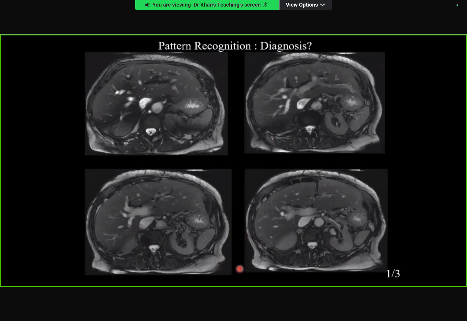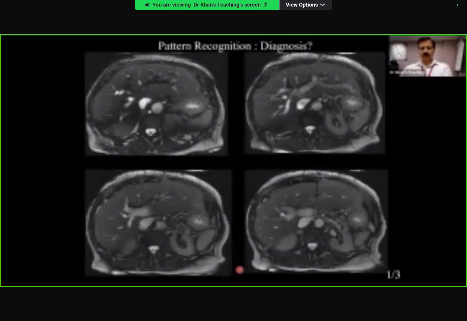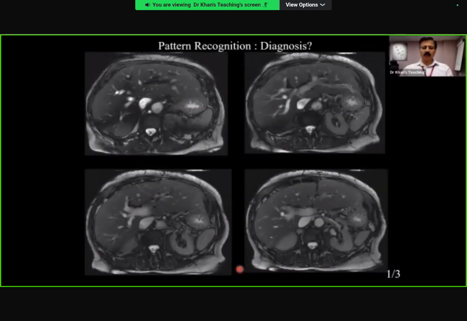Okay, so in the selected images available, there appears to be a filling defect in the left portal vein. Anything else, please? Hint, it is too obvious. Hint, if you see a CT scan, you will pick it up in 1 second.